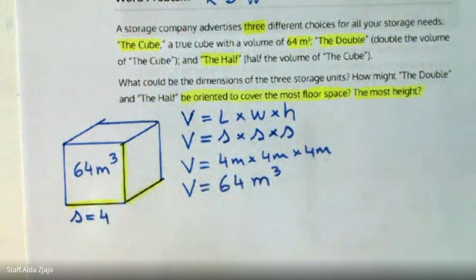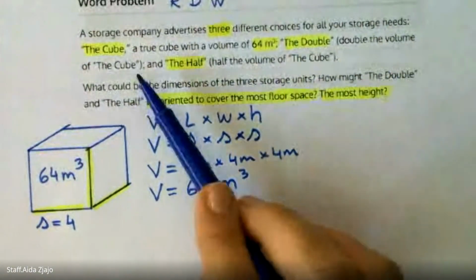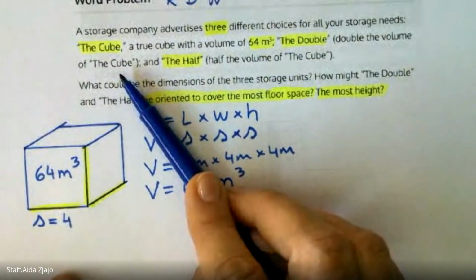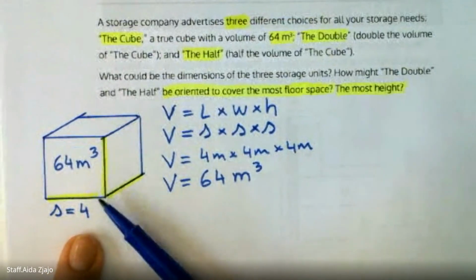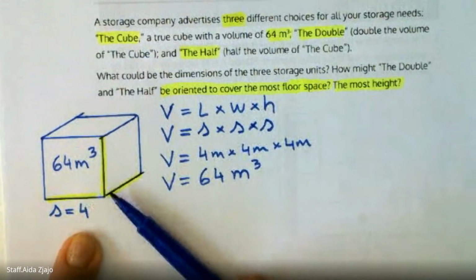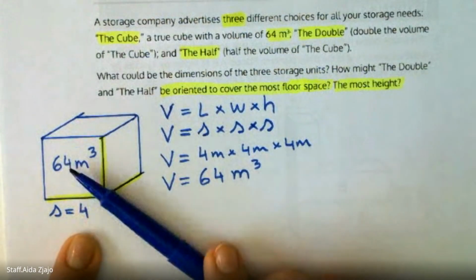So this is the original cube box that they are offering, but they are also offering double the volume of the cube. So if we're going to double this volume, we need to do 2 times the volume.